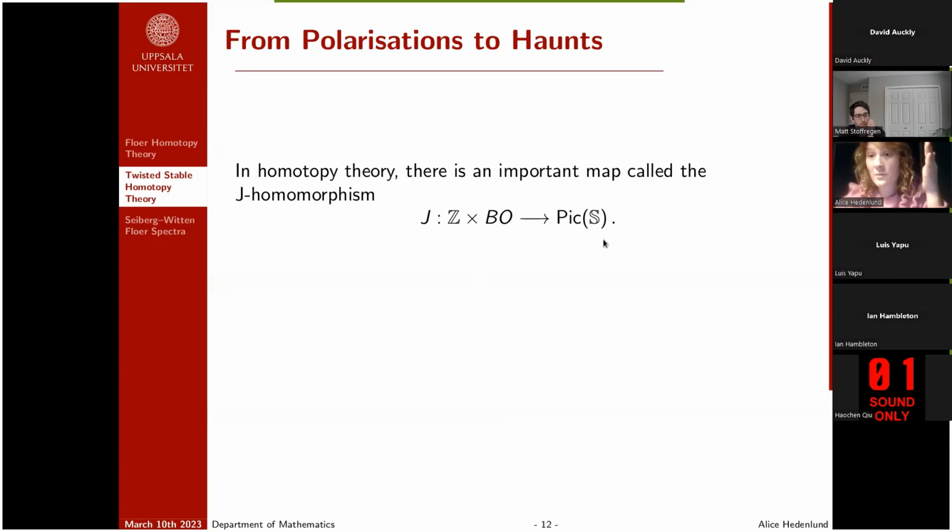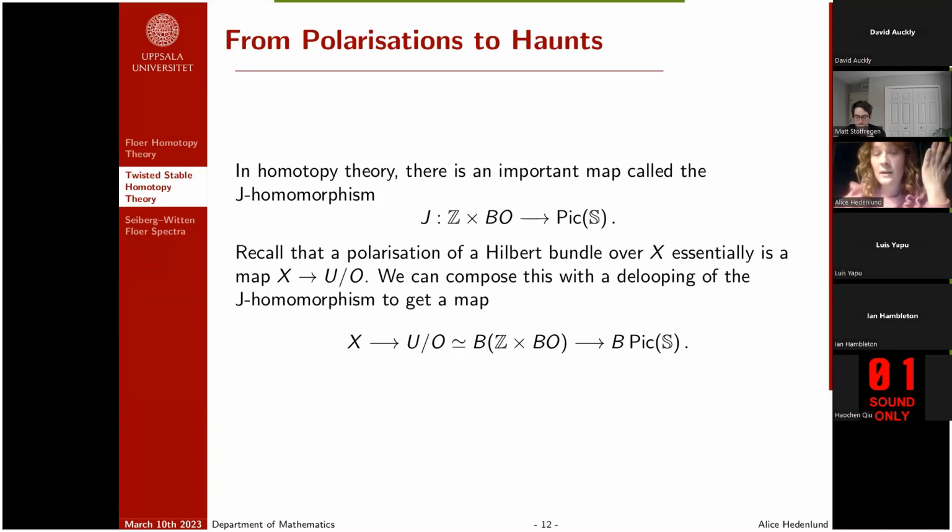So what is this invertible spectrum? You take your real vector space, you one-point compactify it. So now you basically get a sphere of some sort, and then you take the suspension spectrum of that sphere. That's an invertible spectrum.